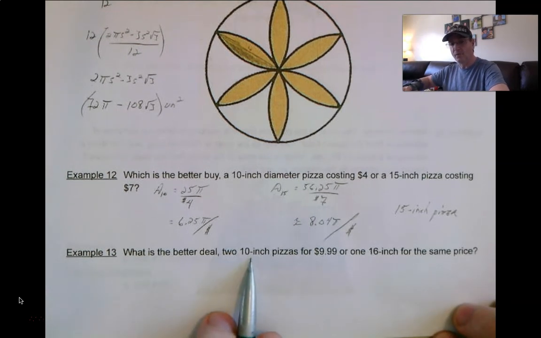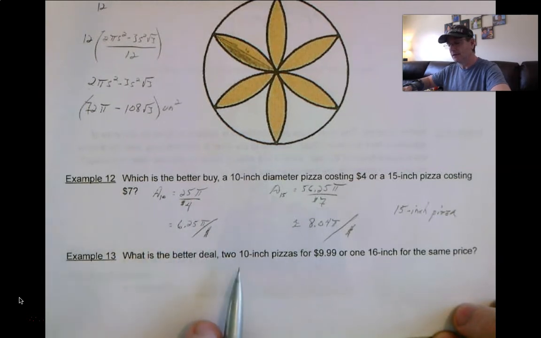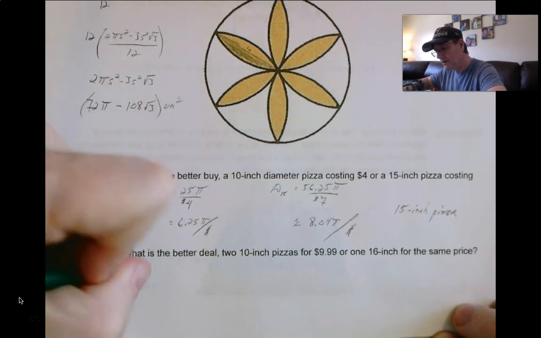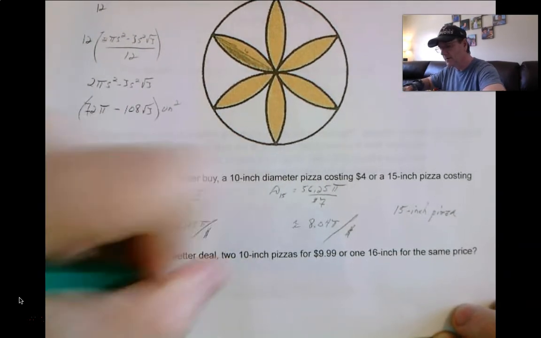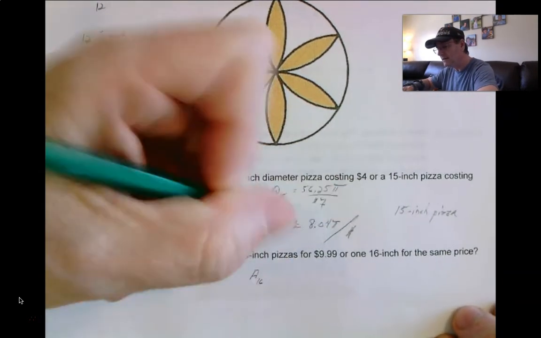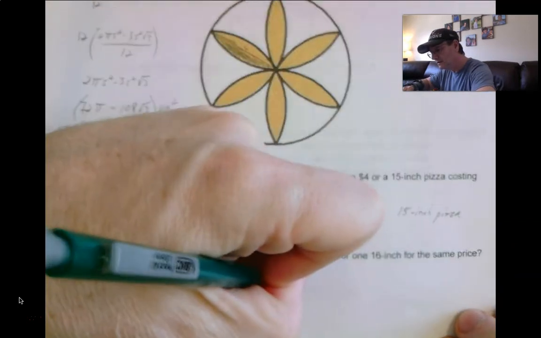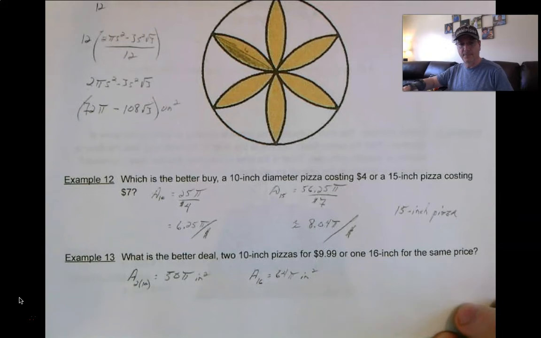What's the area of one 10-inch pizza? Well, we just did it, 25 pi. So the area of two 10-inch pizzas is going to be equal to 50 pi inches squared. And the area of the one 16-inch pizza, surprisingly, is equal to 64 pi inches squared.